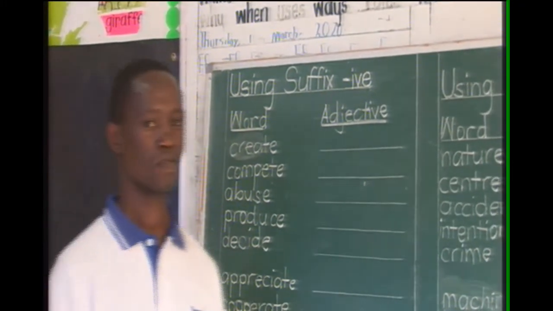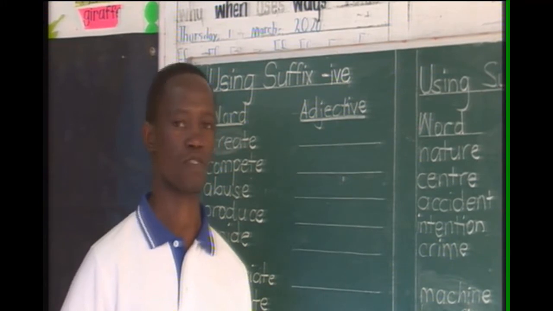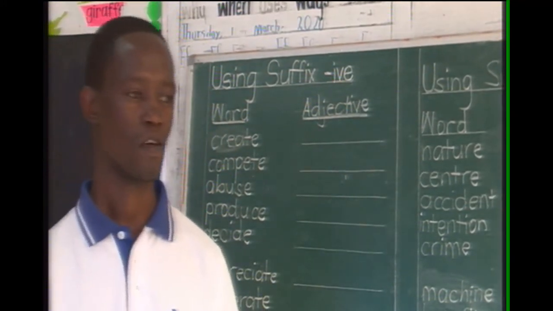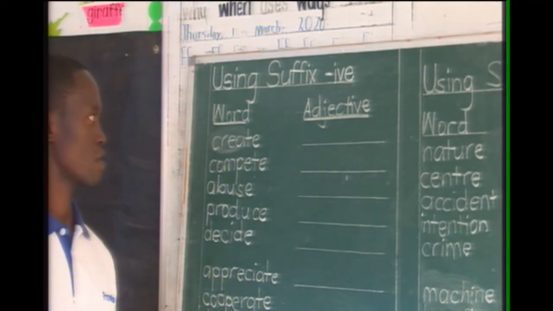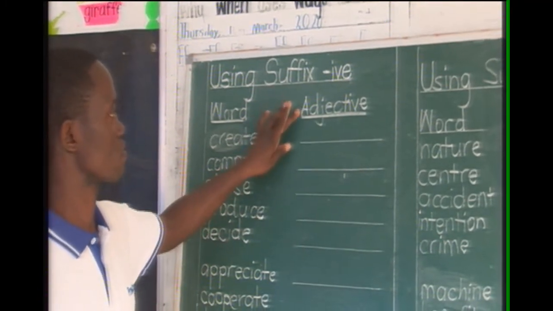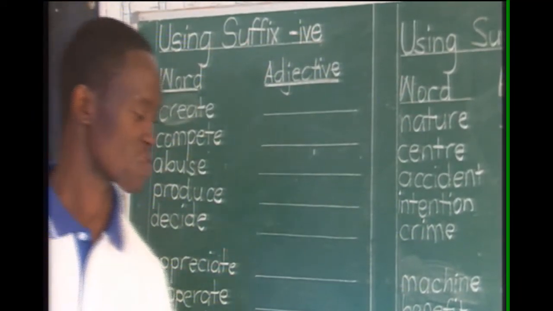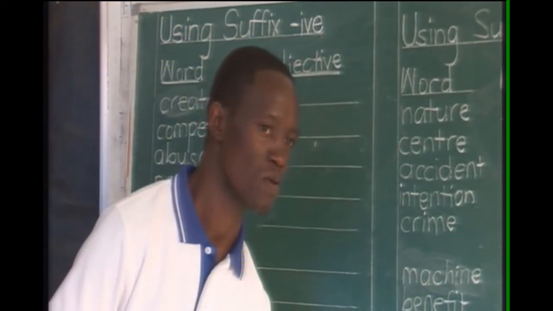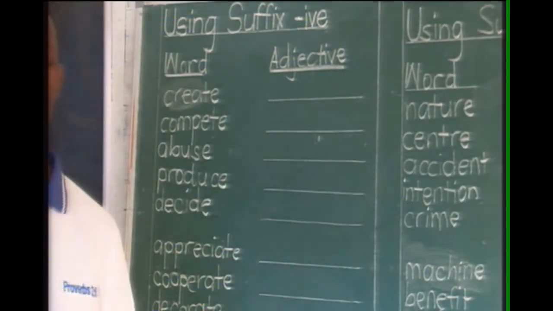This afternoon, we want to look at more about what we had looked at last time, and this is formation of adjectives. We said in the previous lesson that an adjective is a word that's used to describe a noun.